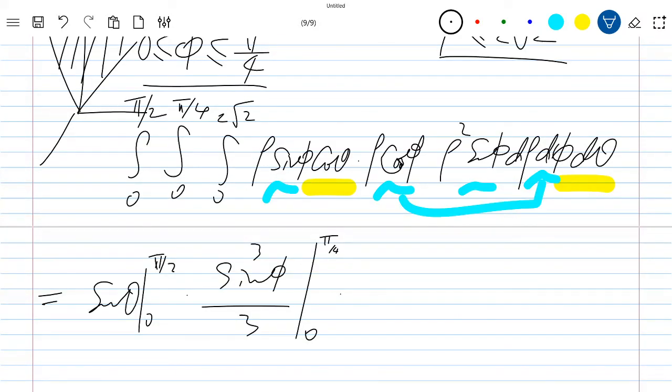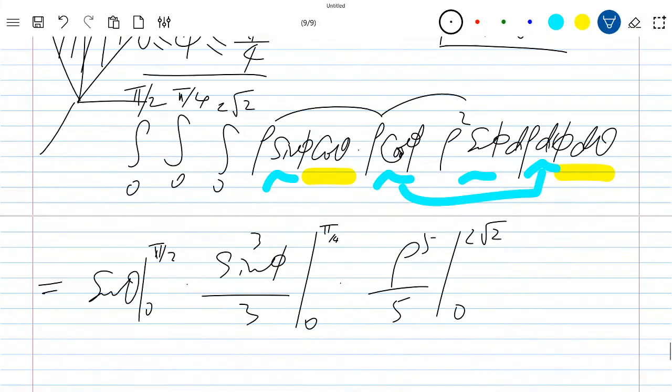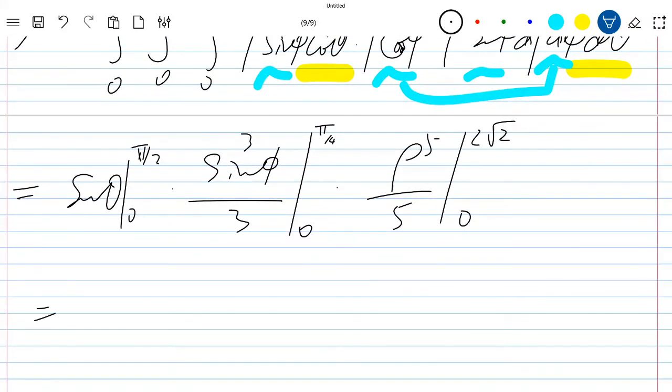And then for rho, what do you get? You get rho, rho, and rho squared, so you get rho to the 4th, so rho to the 5th over 5, and 0 to 2 root 2. Okay, let's see if it's the same. This is just 1. Pi over 4 gives you 1 over root 2.